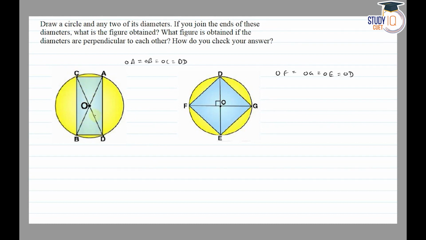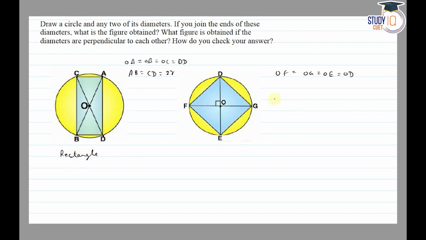Diagonals are equal means AB equal to CD equal to 2R. So 2 radius के इक्वल हो जाएगा diameter. So AB equal to CD, diagonals are equal and bisect each other. So the shape is known as rectangle.